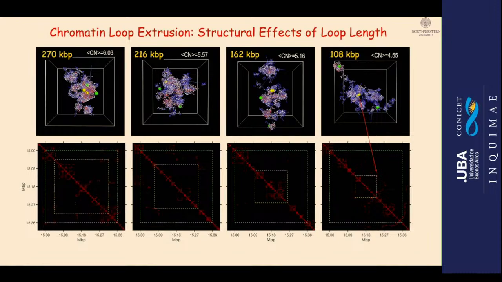Some maps show dense clusters and structural domains, while others appear scattered and disordered, especially with short loops. This and this are not the same thing.